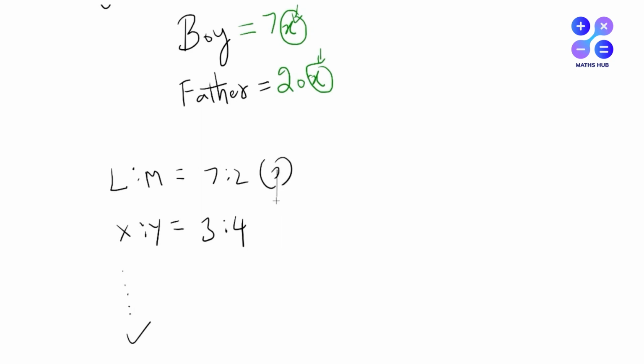You will say p, but make sure that you don't have the same common ratio for everything, so it has to be different. You can never be sure that two different ratios have the same common factor, so always use different ones. So here you can say that L equals 7p and M equals 2p. I hope you get that, right? So 7 times p is L and 2 times p is M.